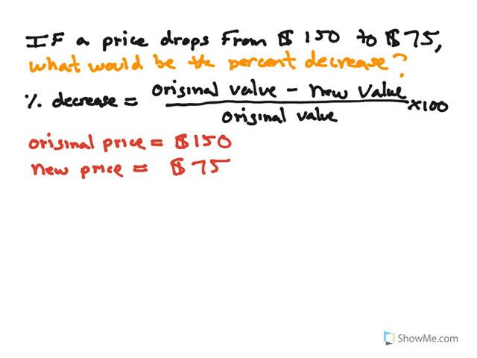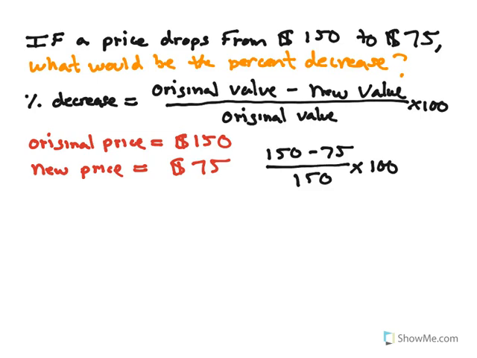So we know the original value, or the original price, is 150. The new price that it dropped down to was 75. So what you do is you take the original value, which is 150, you subtract the new value, which is 75. Again, you always divide by the original value, which is 150 in this case, and then times it by 100.